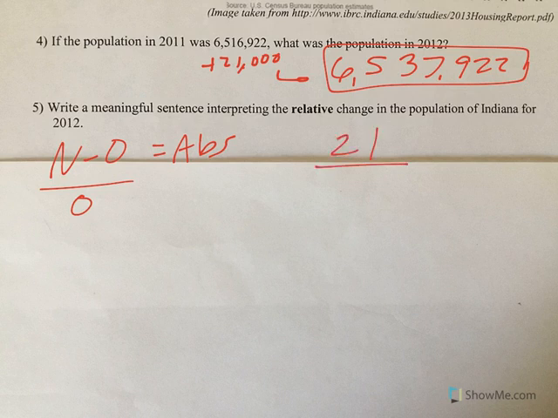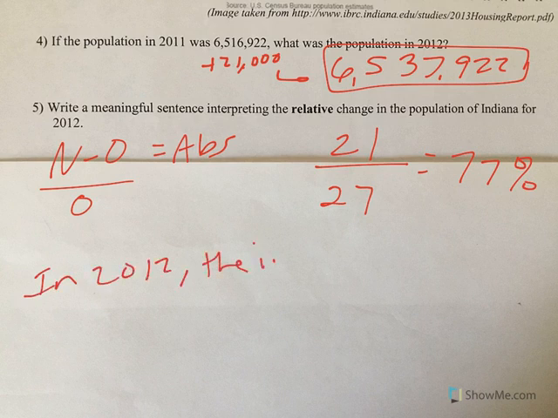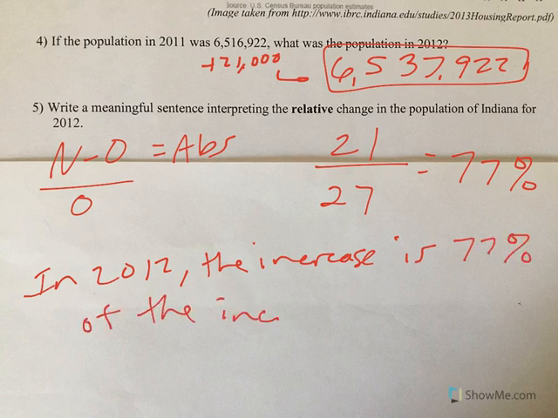So what is our old value? Well, the previous change was 27. So I don't know if this is right, but I find this is roughly 77%. So in 2012, the increase is 77% of the increase in 2011, which makes sense to me, but I don't know if that's the way that the writer originally interpreted this question.